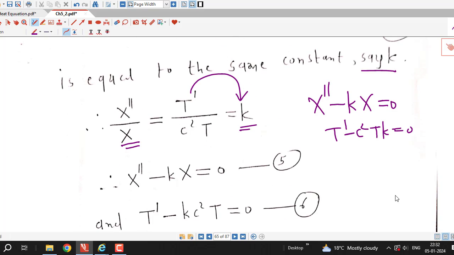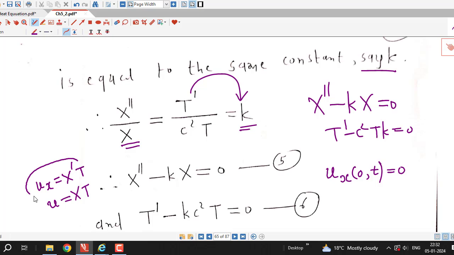Now we are given that this ∂u/∂x is 0 at x equal to 0 and at x equal to L, and we have assumed that u equal to X times T. So ∂u/∂x is X'(x)T(t). This is at any point x comma t. This means X' at point x and T at point t, and here we have to consider that ∂u/∂x at x equal to 0 and at any point t is 0.